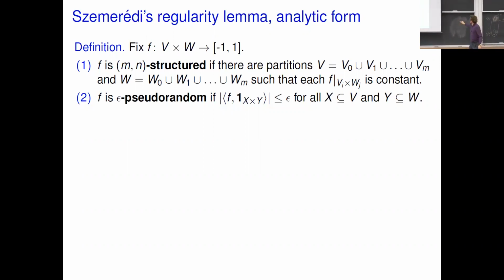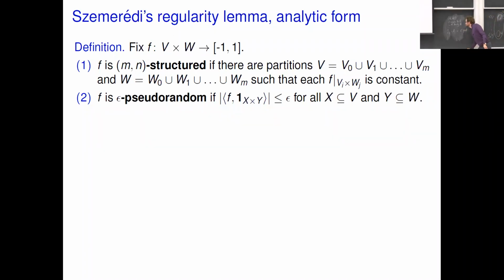But the idea is that if you're familiar with the idea of a pair V, W being epsilon regular for some graph E with a particular density, say D, then that corresponds to saying that the indicator function of the graph minus this density D is epsilon pseudo-random, but you might have to change this to a 2 epsilon or an epsilon squared or something like that.